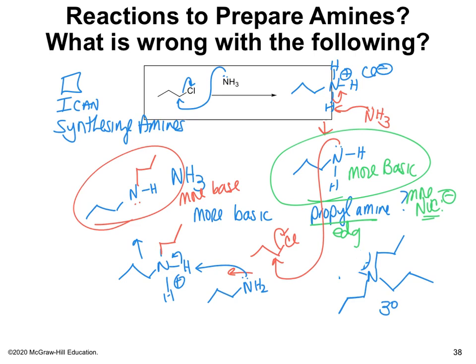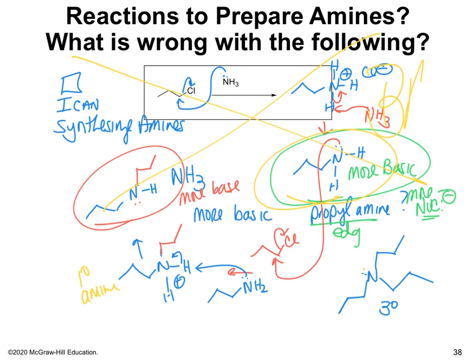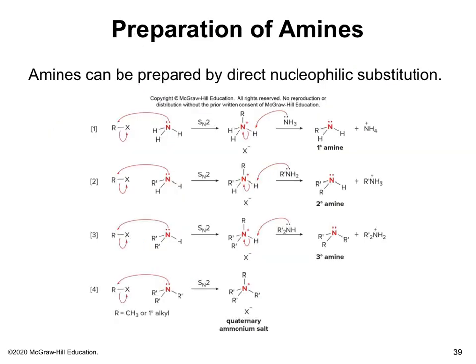And it actually goes all the way to the quaternary amine. So if you wanted to make a primary amine, this does not work. This is bad. Do not do it. If you do this as a way to make amines, which is an SN2 reaction, you will not get credit.